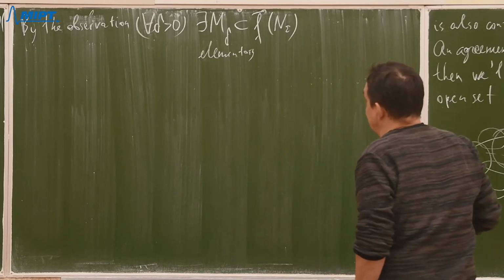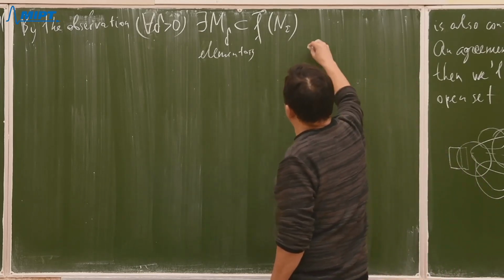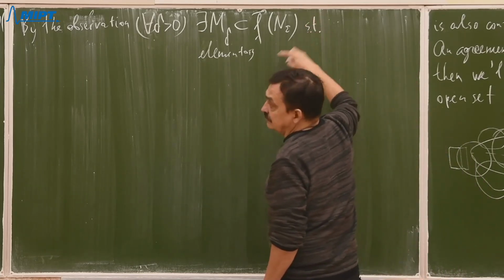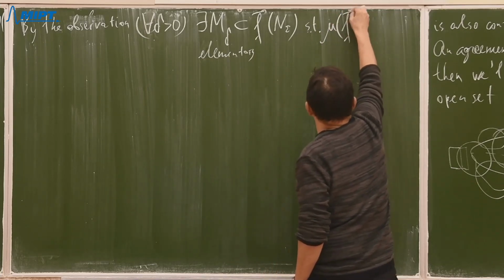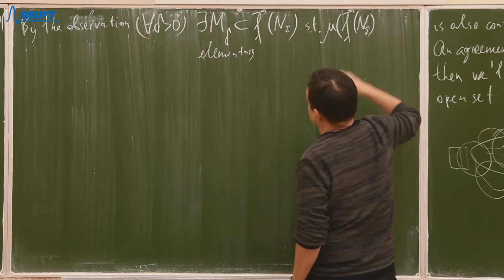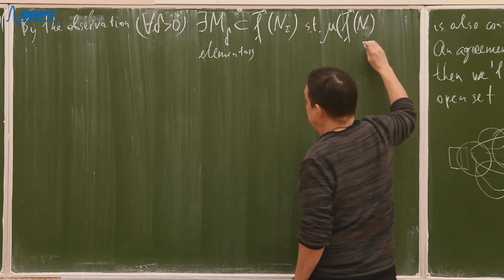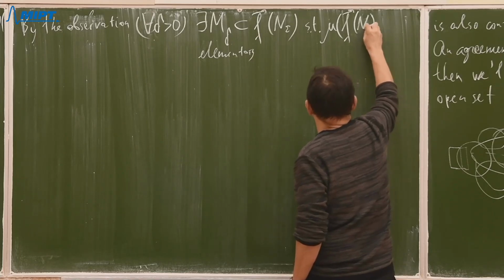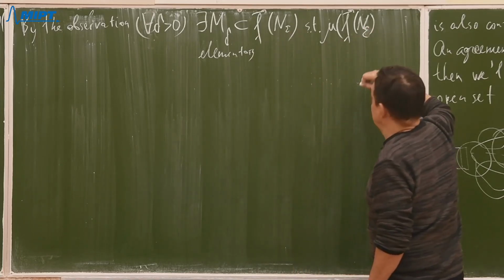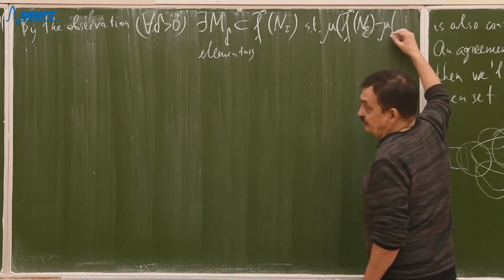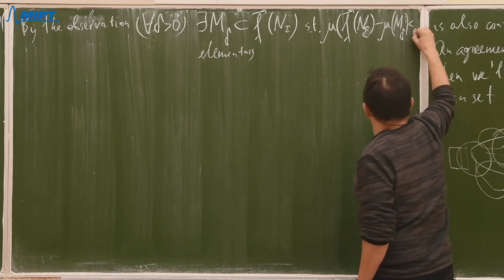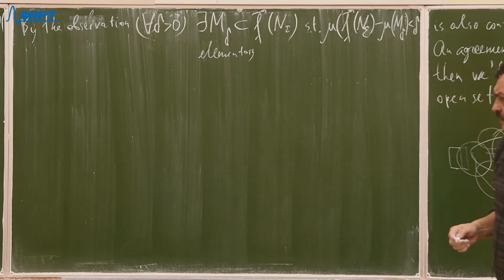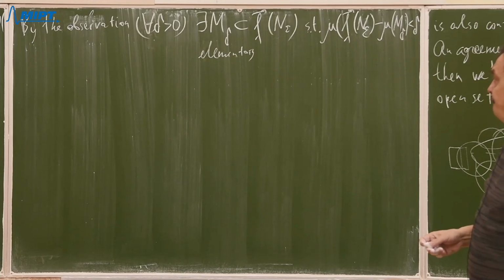And such that the measure of the image of N epsilon, and delta, sorry, N epsilon, yeah, it was N epsilon, minus the measure of M delta is less than delta. Okay.